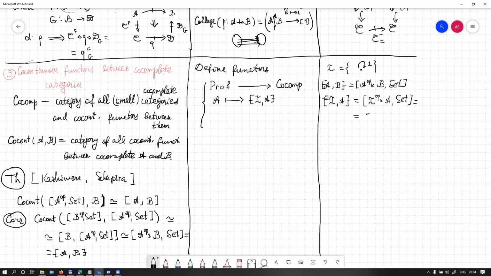I op is the same as I, and multiplying with a trivial one-object category gives us nothing. So it will be A to set. Similarly, if we have A to the trivial category, this is A op cross trivial to set, which is precisely the pre-sheaf category.